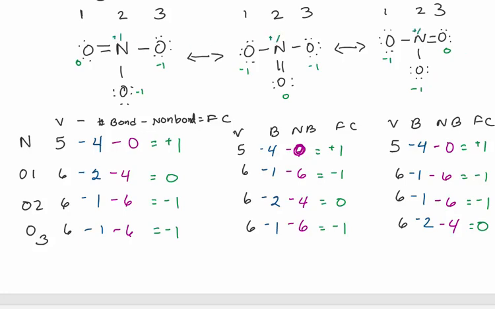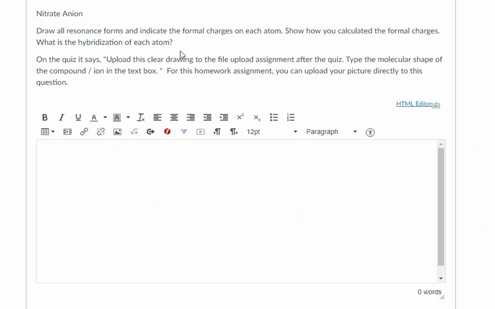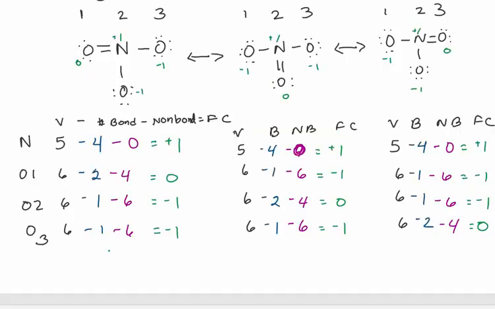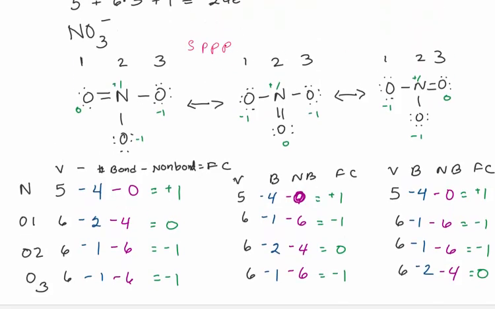Now let's make sure we find the hybridization on each atom. So when you have a pi bond, all of these atoms are coming in with an s and 3 p's. And when you have a double bond, that's a p orbital overlap. So for this nitrogen, the p is occupied by that pi bond. That's what this is, a p orbital overlap.